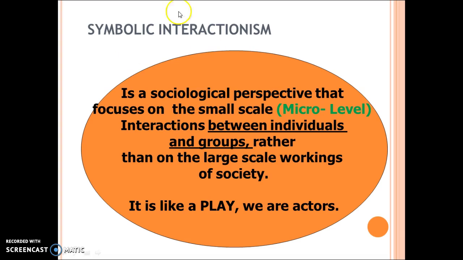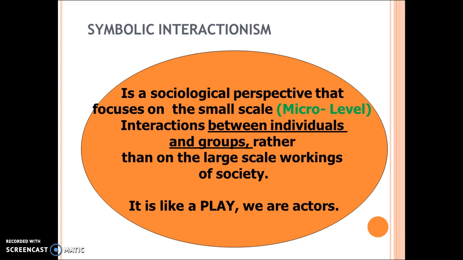And like what we did with functionalists and Marxists: functionalists use the analogy of the body, Marxists use the analogy of the league table. According to social action theories, it's like a play. We are actors and we're acting out our parts. We're following a script, and it's like we're doing a performance every time we interact with one another.